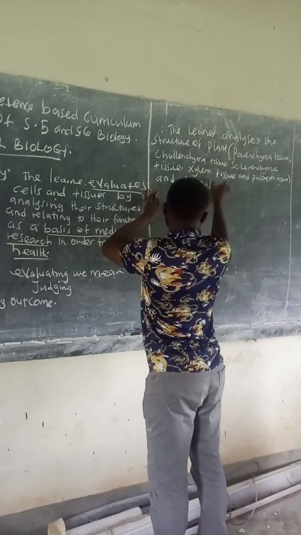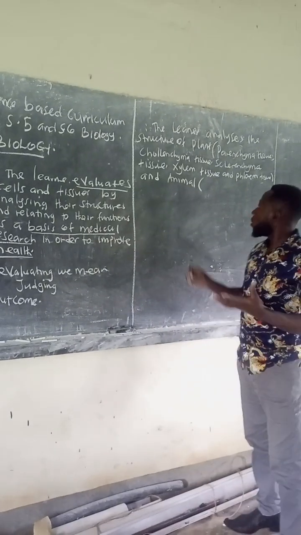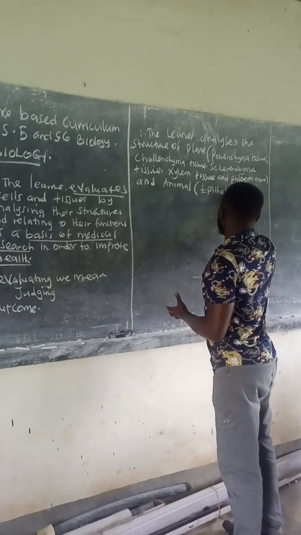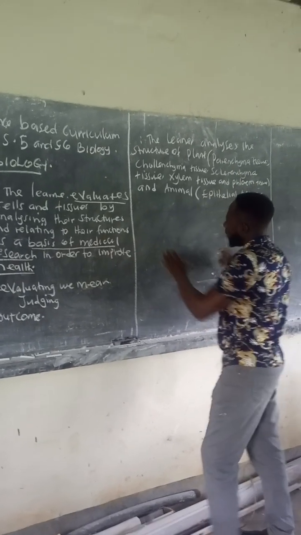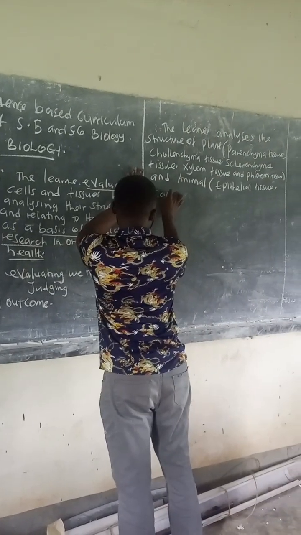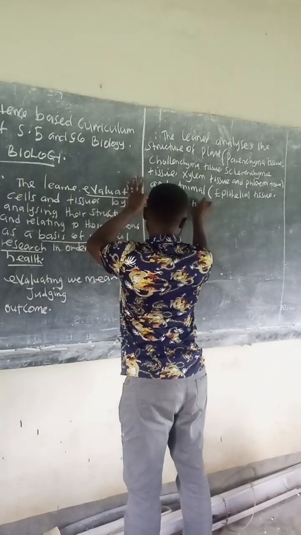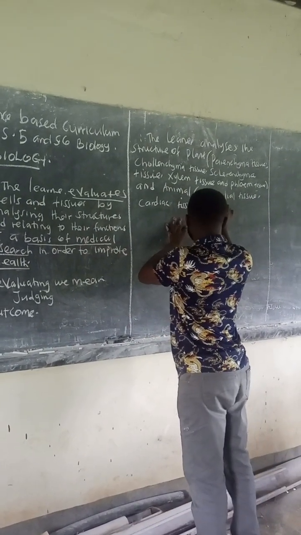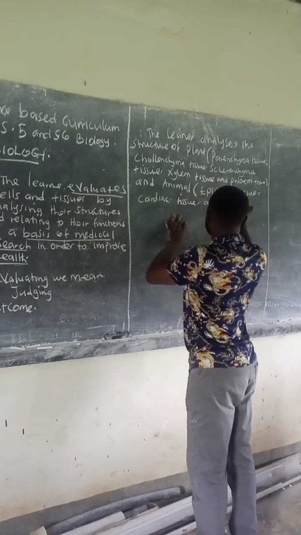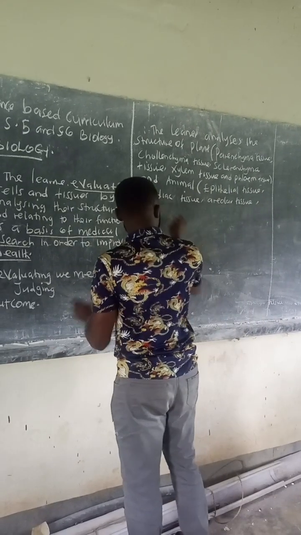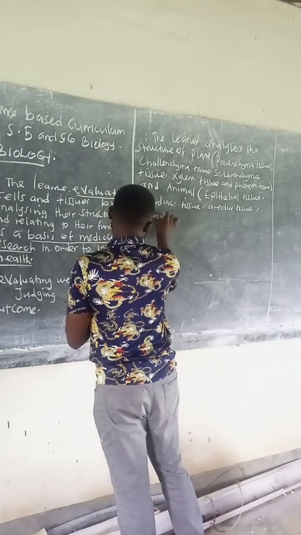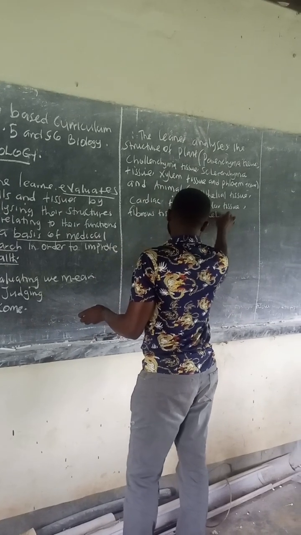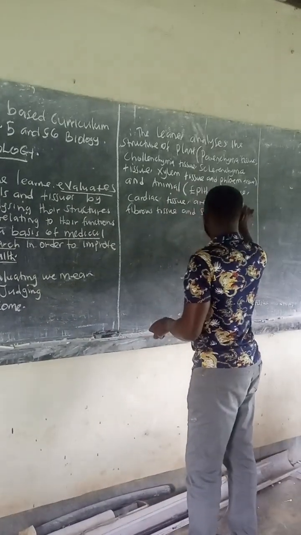For animals, what is supposed to be studied is the epithelial tissue, the cardiac tissue, the areolar tissue, fibrous tissue, and skeletal tissue.